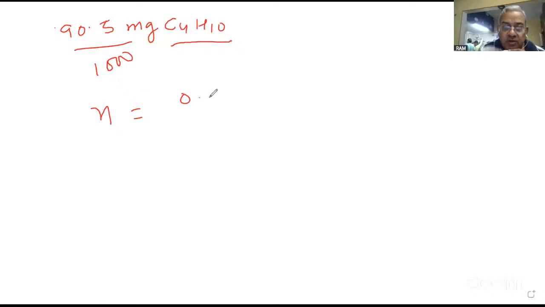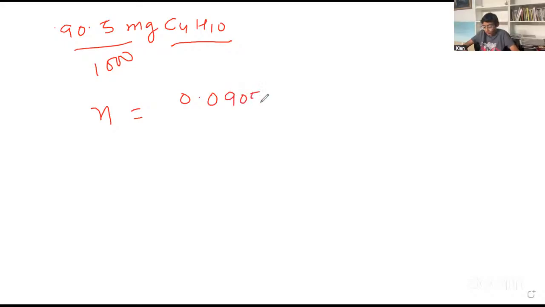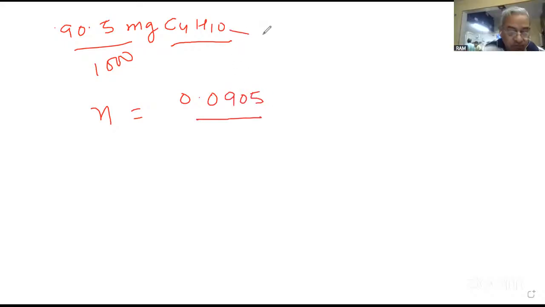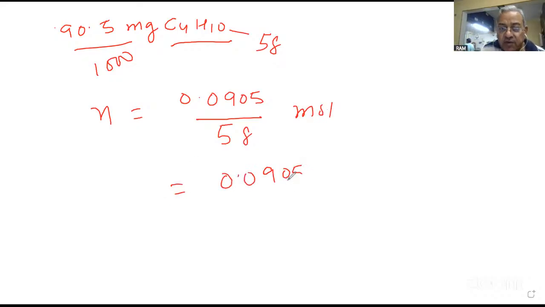So 0.0905 divided by the molar mass, which is 58. This will be the mole. And now to convert to molecules, it will be 0.0905 upon 58 into 6.022 into 10 to the power 23 molecules.